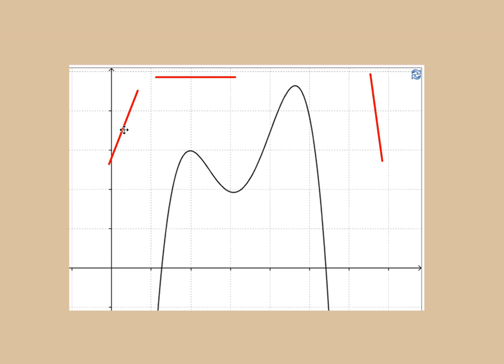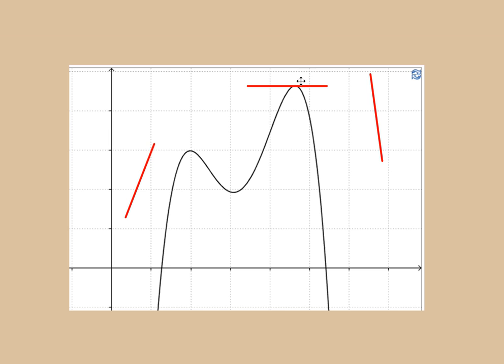So if we look at this quartic function here, we can see that this part of the curve around here, because the tangent line slopes upwards towards the right, it's a positive gradient. And then at the turning point here, at the very top, the gradient is 0, so that's a local maximum.